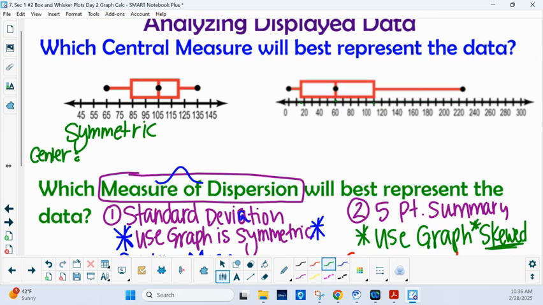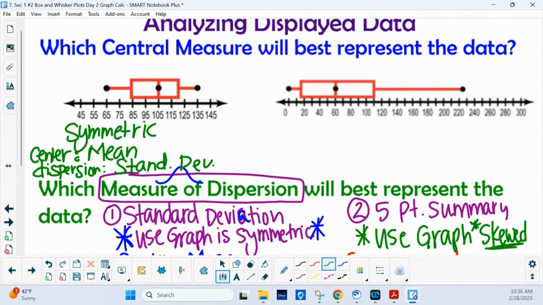If we're symmetric, there's probably not outliers. So what measure of center do we use when we're symmetric? The mean. And then I just told you the best measure of dispersion when you're symmetric is going to be the standard deviation. And I'll let you abbreviate that.